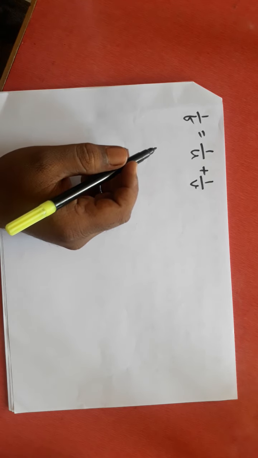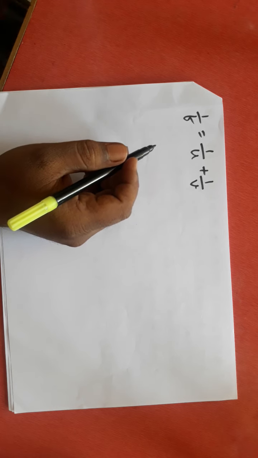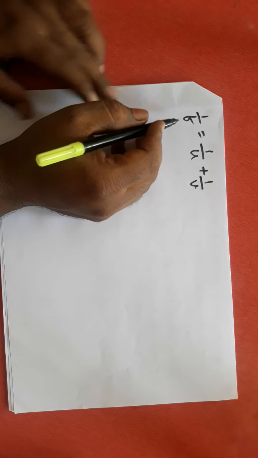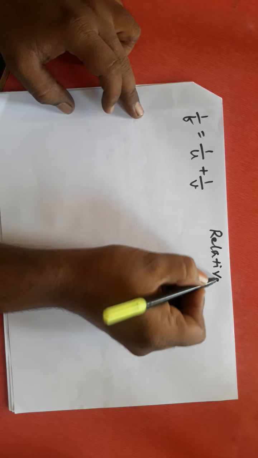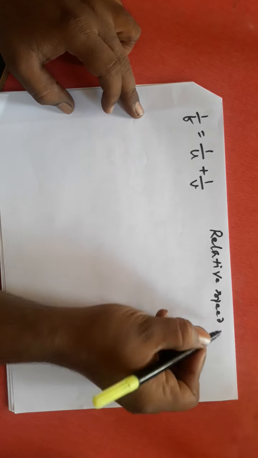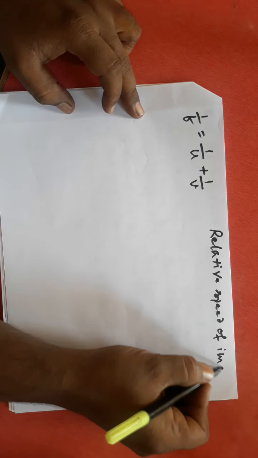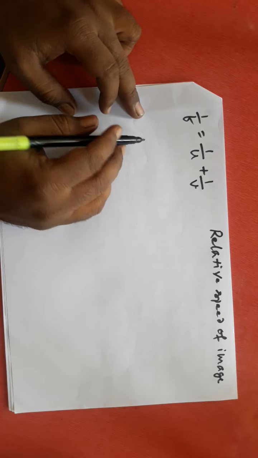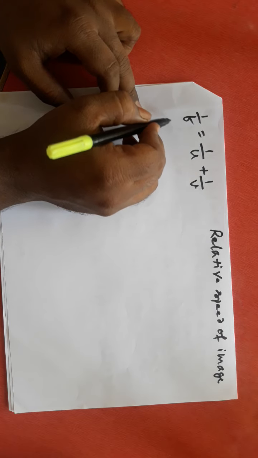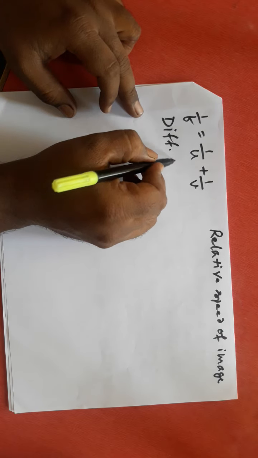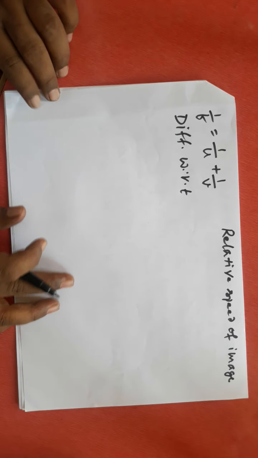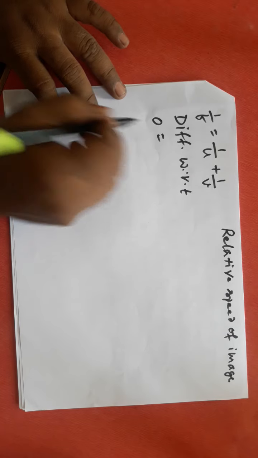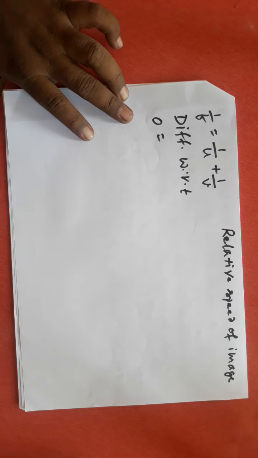If the relative velocity of the object with respect to the observer is given, what are we going to find here? The relative speed of the image. If we differentiate this equation with respect to time, 1 by f is constant. Focal length does not change.